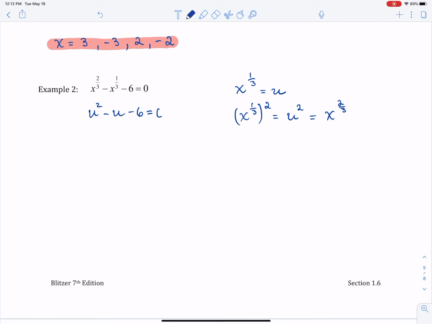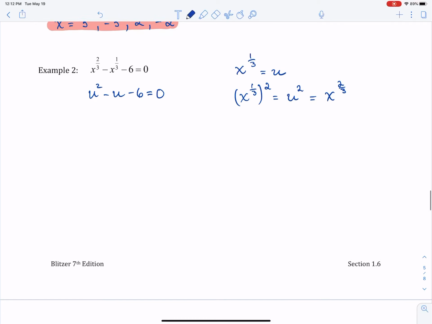Minus 6 equals 0. Again, a quadratic equation. Again, not hard to factor, so I'm going to use factoring. That's the same as u minus 3, u plus 2. Please, when you factor, make sure you check back to see if your factoring has been done correctly.